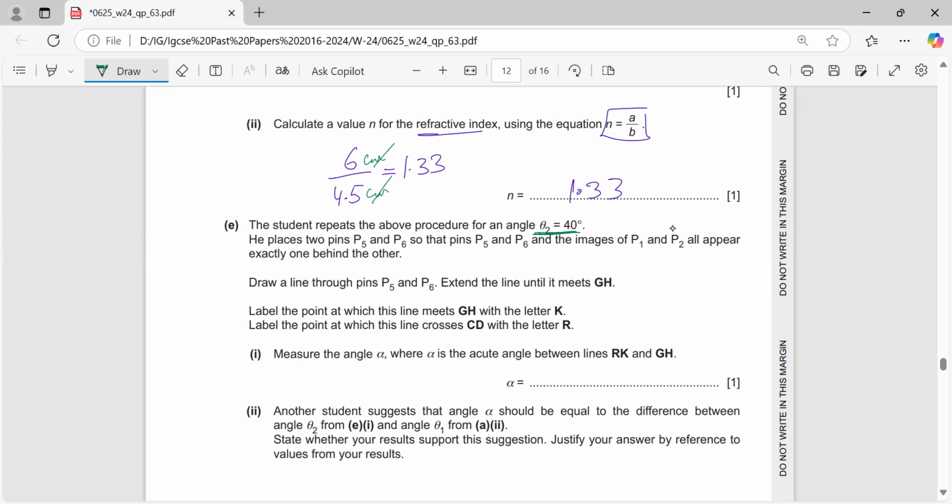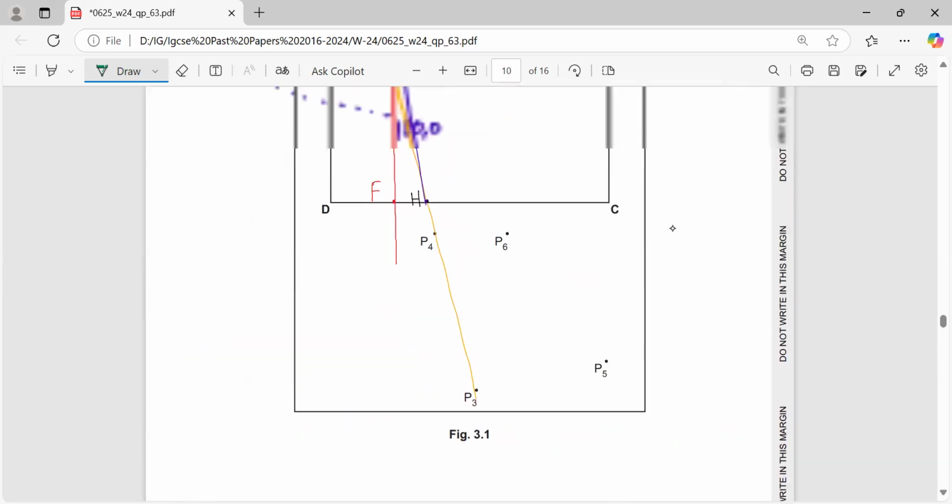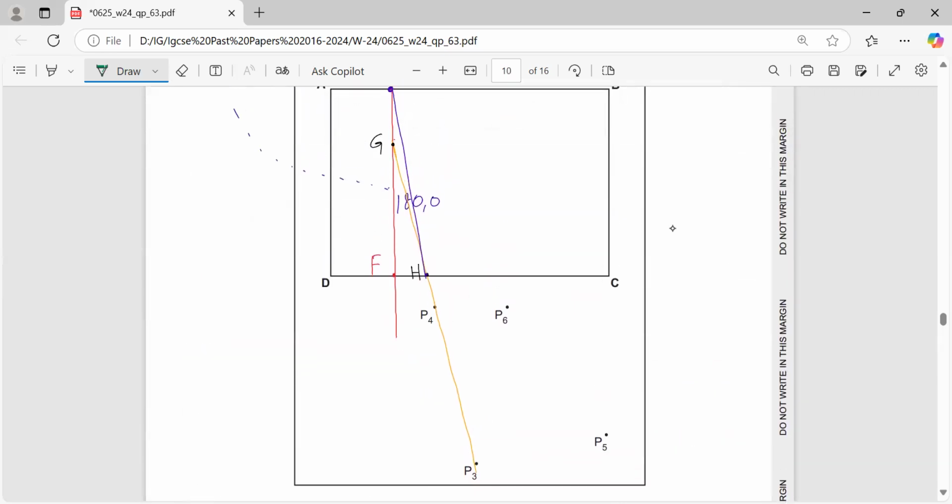So GH, P5 and P6. Let's go back to the diagram. GH here, this yellow line. The line is not very perfect, but no problem, it's okay.